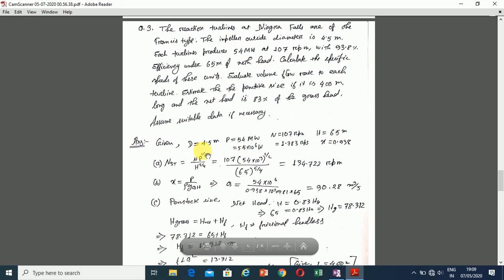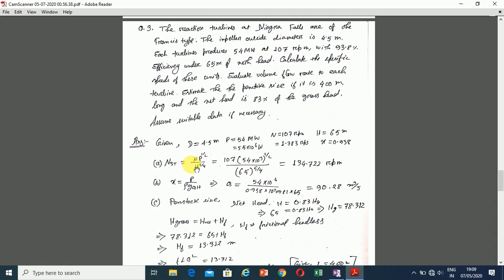Here in this question given, capital D, that is diameter is 4.5 meter, power is 54 megawatt, that is 54 into 10 to the 6 watt, rotation speed n is equal to 107 rpm, that is 1.7833 revolution per second, head is 65 meter, efficiency is given 93.8%, that is 0.938. Now NS, first we have to calculate specific speed of this unit.